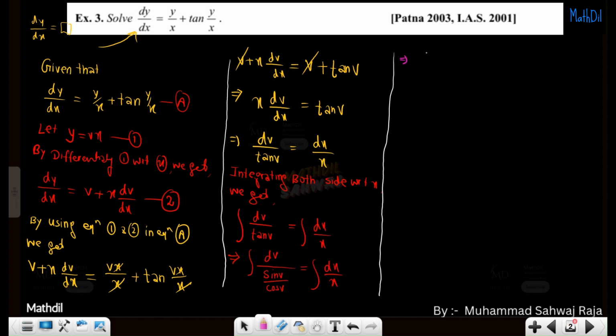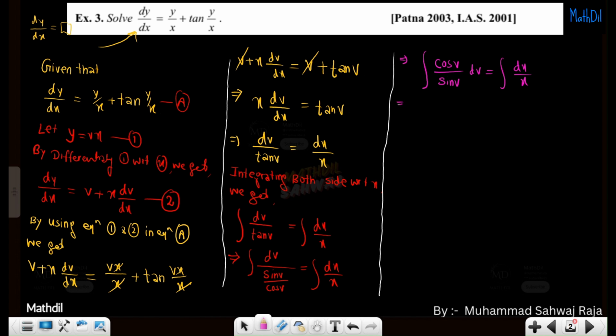It will imply cos v by sin v dv equals dx by x. Students, see, I have done nothing but just the simplification, that when this term goes upside, we get the reciprocal of it. I hope you are able to understand. These are basic things.